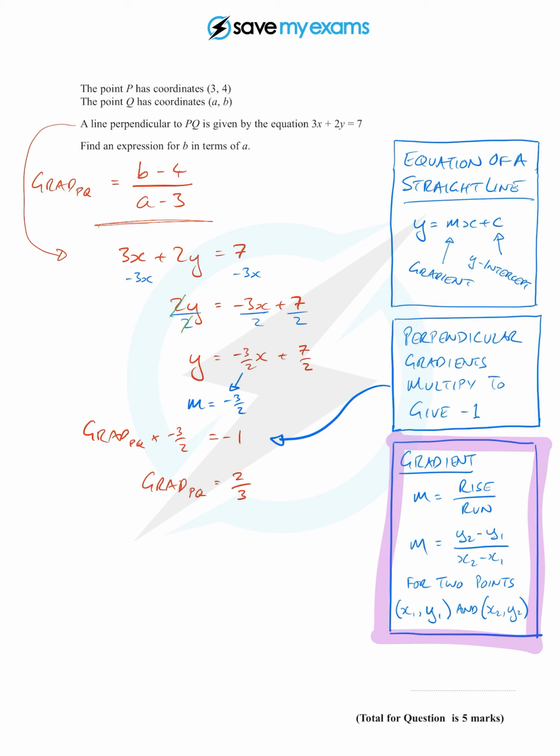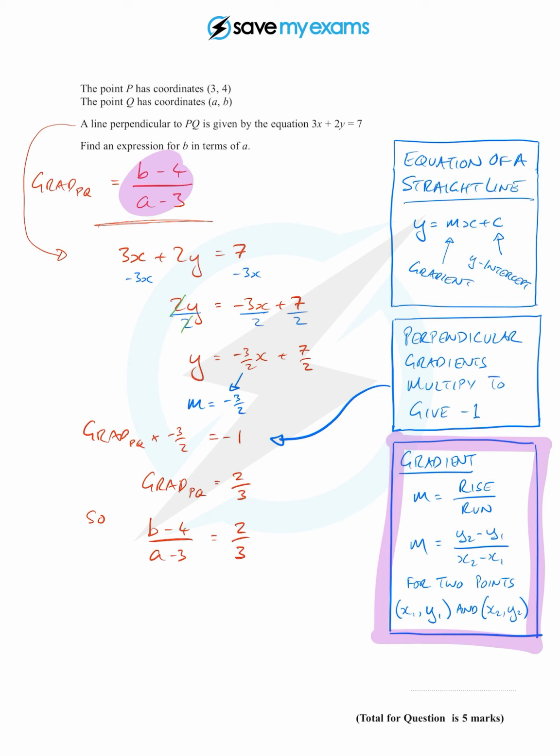Then I put the expression we found earlier for the gradient of PQ into that and make it equal. So b minus 4 over a minus 3 is equal to 2 over 3. Now I just want to get b equals.